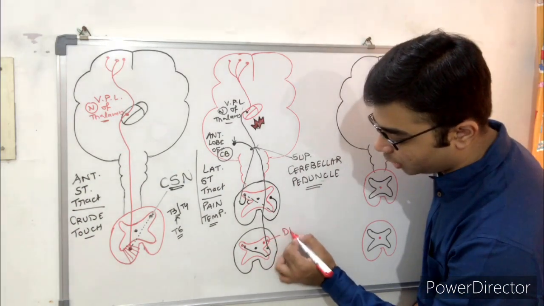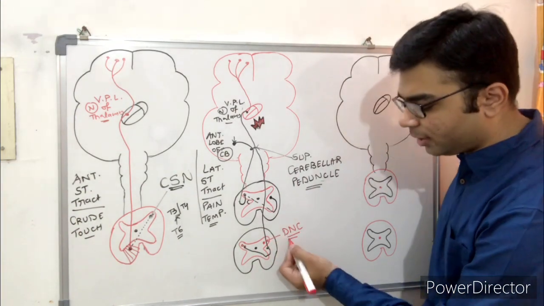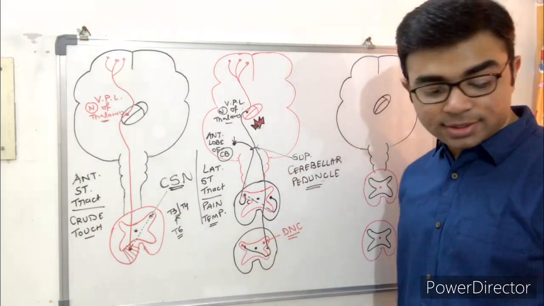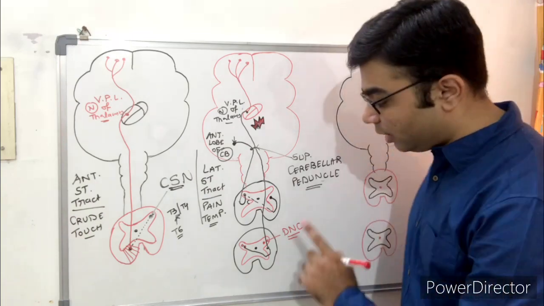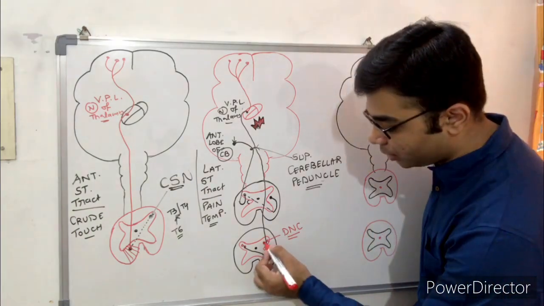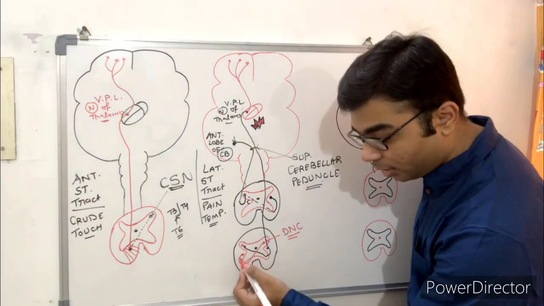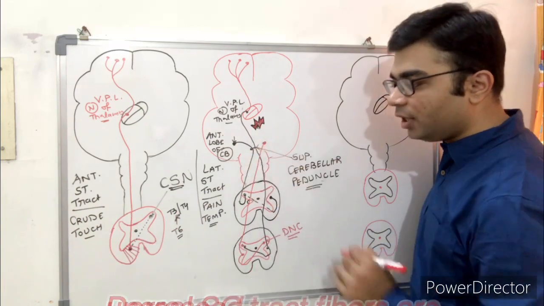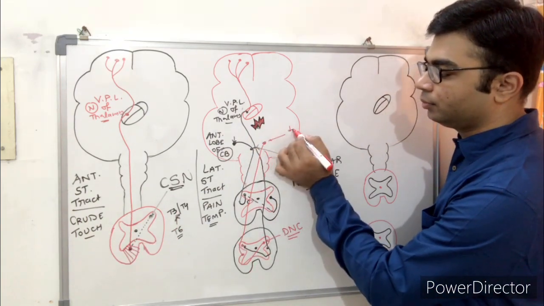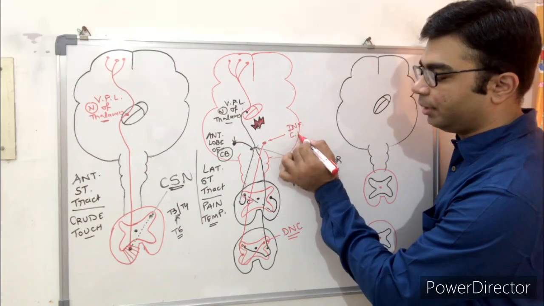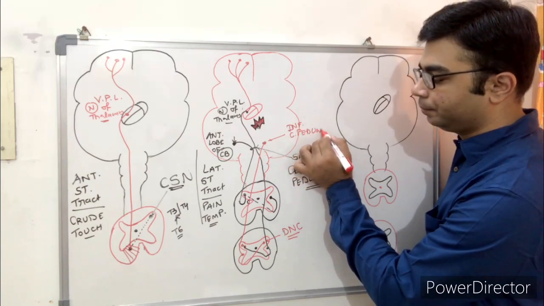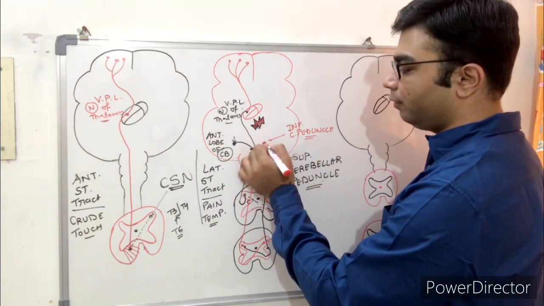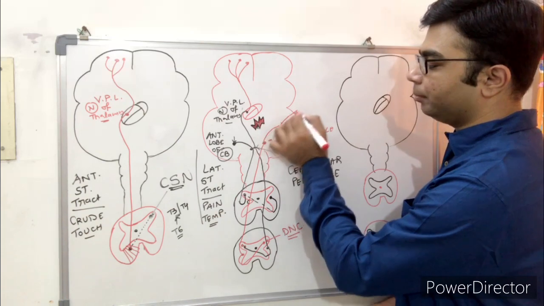I write it in short form, DNC, dorsal nucleus of Clark. Its fibers also cross the midline and go upwards in the lateral white column, reaching up to the inferior cerebellar peduncle, and ending into the lobe of cerebellum.